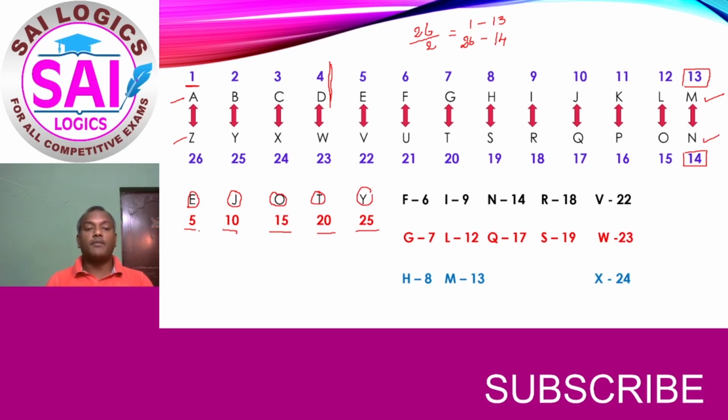If you collectively pronounce these 5 alphabets, it sounds like HOT: E, J, O, T, Y. The corresponding numbers are 5, 10, 15, 20 and 25.